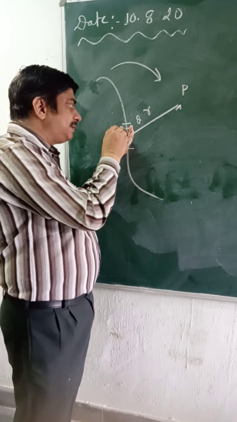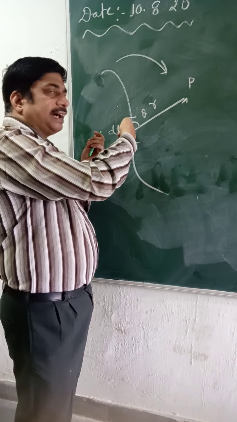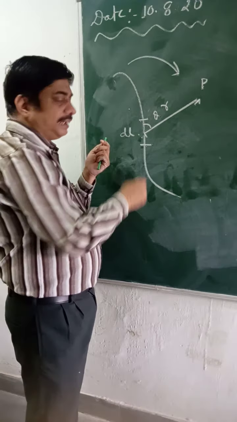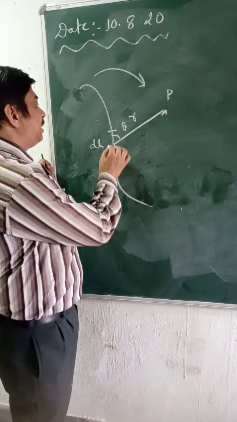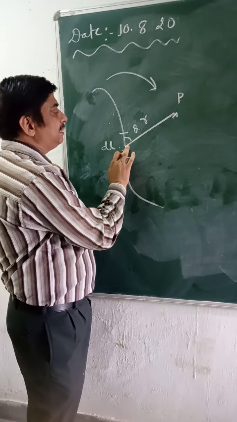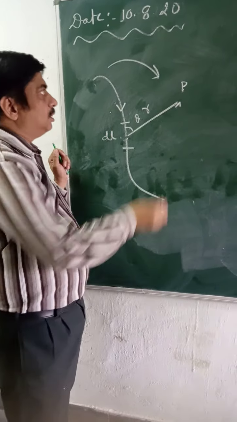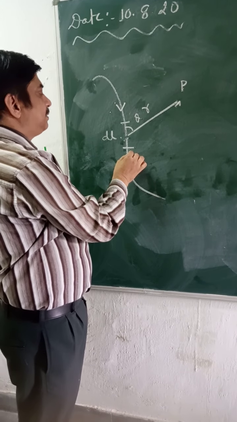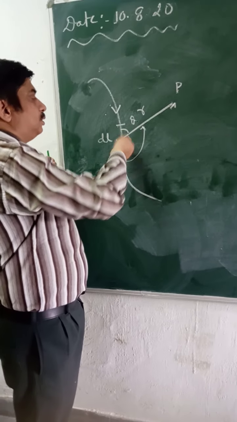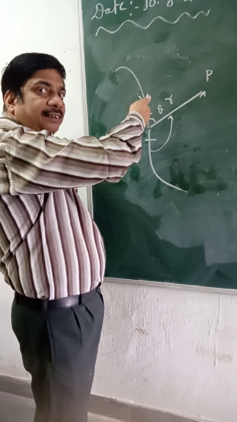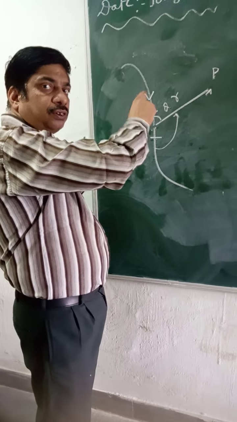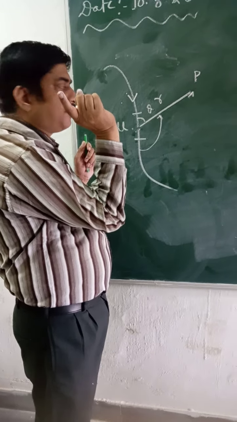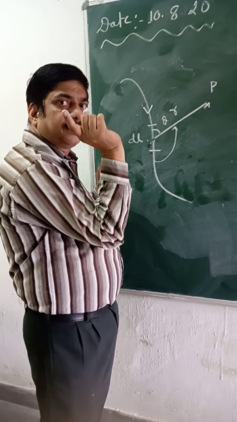So this is the direction of the magnetic field. In this other case, the direction of current is this one, so dl to r means this one, and the screw is going to rotate opposite to that. So the screw comes out, meaning the direction is away from the blackboard, perpendicular.